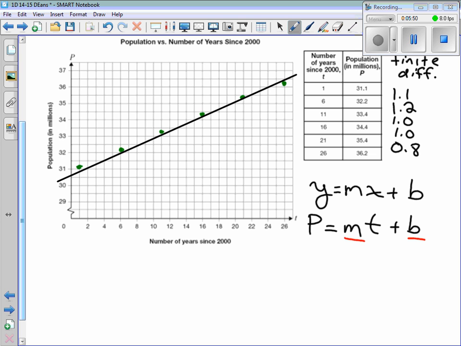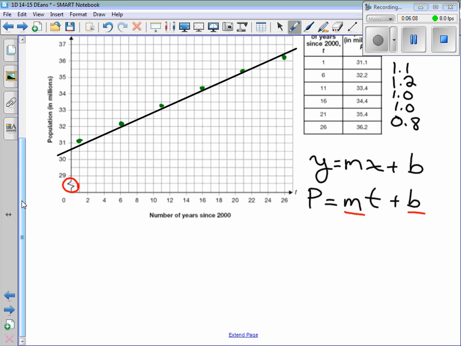Our graph in this case is a little bit unreliable because the person who gave us this grid did this funny thing where they do that little jagged line so that they can fit a bigger graph in a smaller space. That means we can't use the graph to make predictions as we'd like to. So we're going to do this entirely algebraically. We are going to calculate the slope using our slope formula, y2 minus y1 over x2 minus x1.